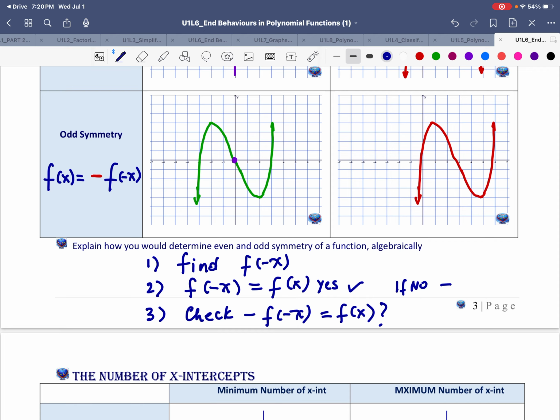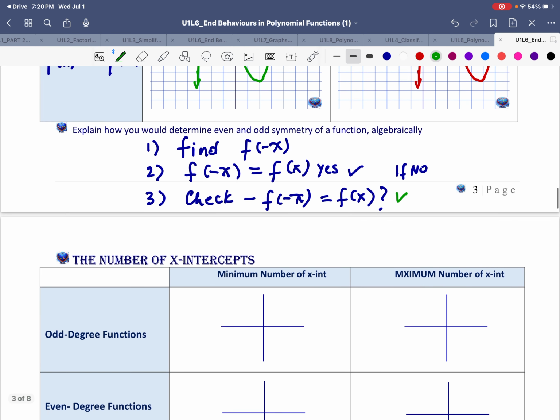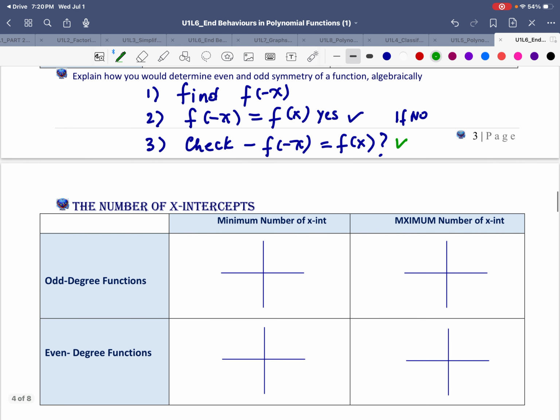And if that is true, it has odd symmetry. And if it's not, then it doesn't have symmetry, and not all functions have to have perfect symmetry. There is an infinite number of polynomial functions, and very few of them would have symmetry, comparably.